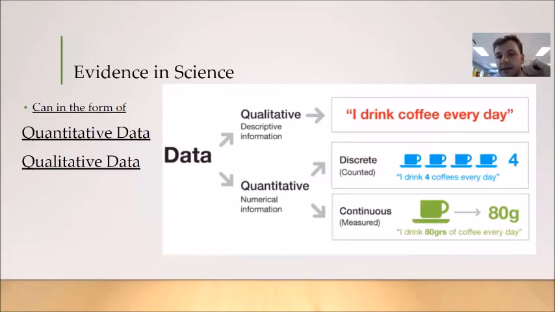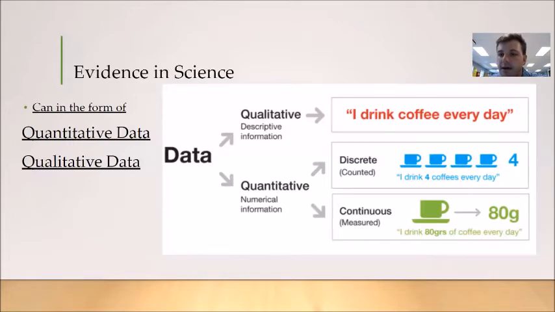But let's pose an example real quick. Let's say that I'm taking some data on a TV, and I have an old TV in my house, and I was to say that this TV is very old. Is that qualitative or quantitative? If you said qualitative, you're correct. That is quality. We're talking about the quality of the TV. The quality is old.